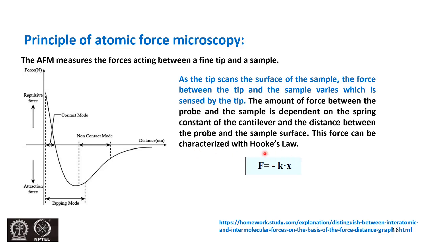The force can be calculated using Hooke's law, that is F = -kx. So k is the spring constant of the cantilever, and x is the deflection because of the force of attraction. From this information, we can get how much force is coming from the sample. This force is then converted into a force matrix, and with the help of that we can get the micrograph.